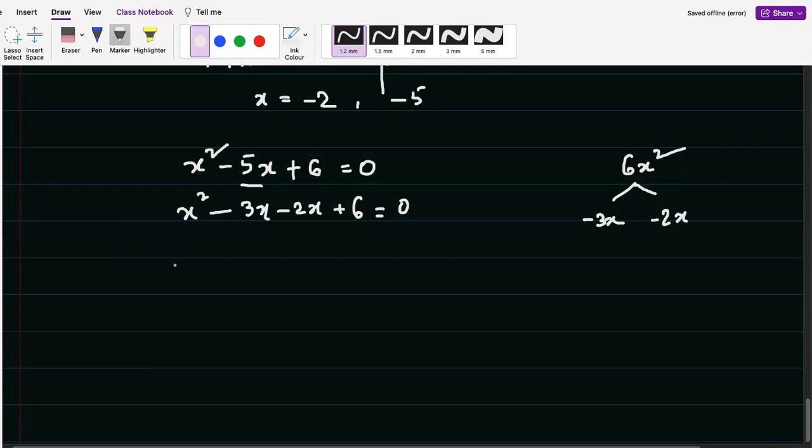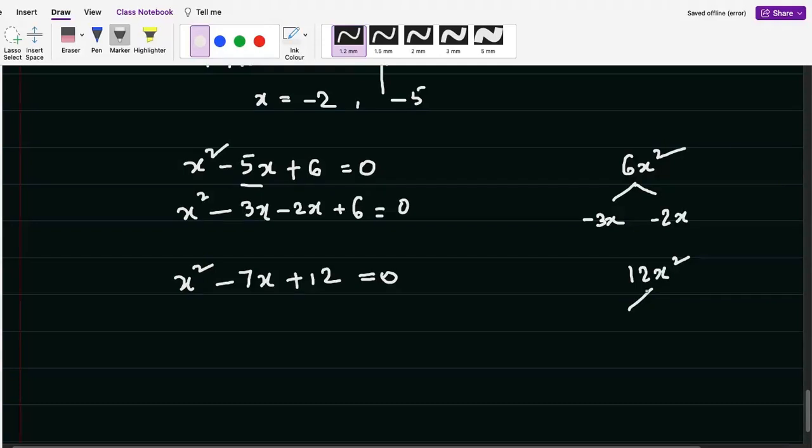Okay. So one more problem we will do end to end so that you people understand. x square minus 7x plus 12 equal to 0. Here 12x square, you should get 12x square.